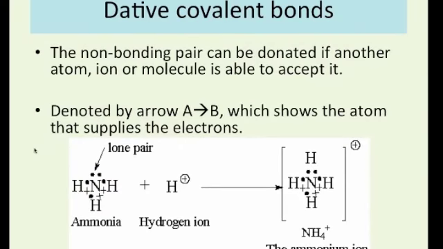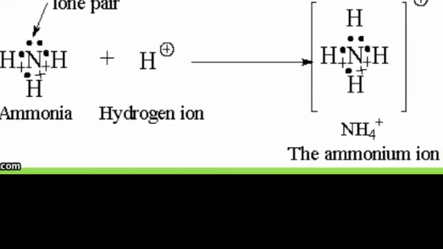Ammonia is NH3, and nitrogen has used 3 of its outer bonding electrons to form covalent bonds with hydrogens, but it still has a lone pair. So when ammonia forms an ammonium ion, when it bonds with a hydrogen ion, it's able to give its lone pair to the hydrogen ion.